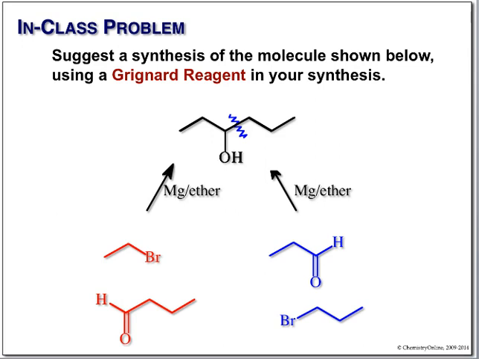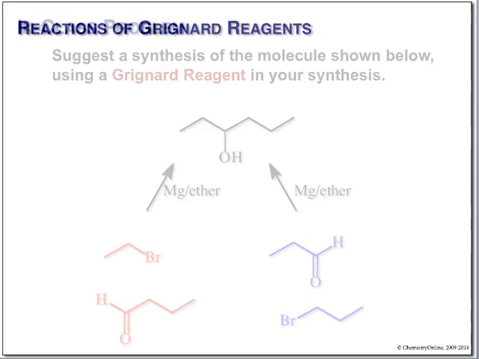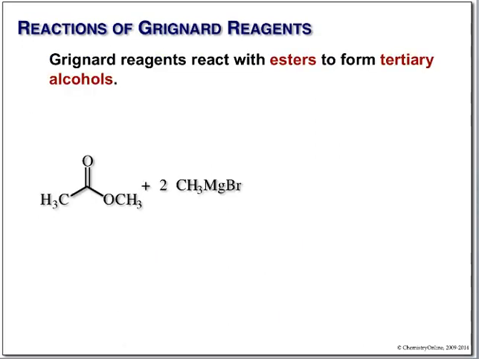All right, let's look at this simple reaction here. What if I take methyl acetate, that is the methyl ester of acetic acid, and I react it with methyl magnesium bromide?